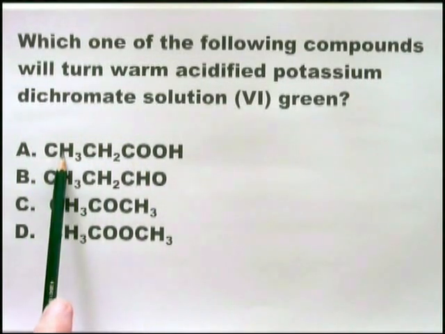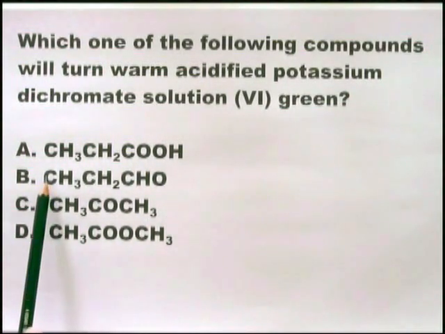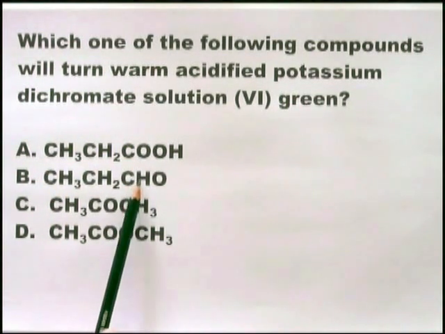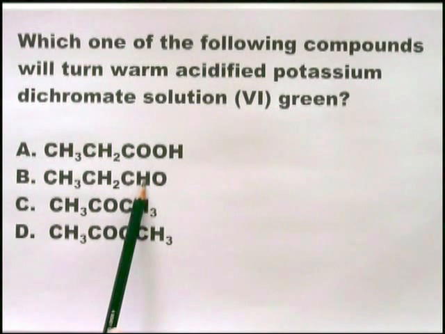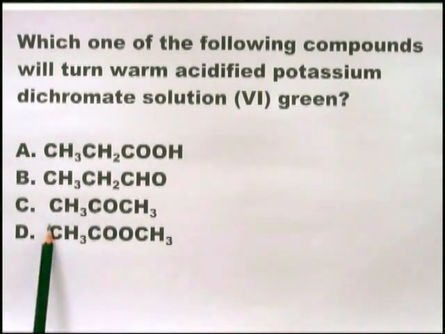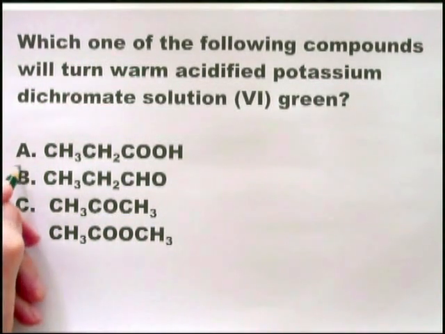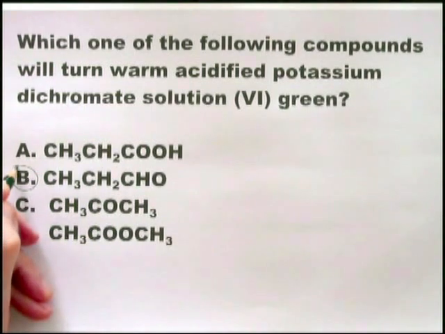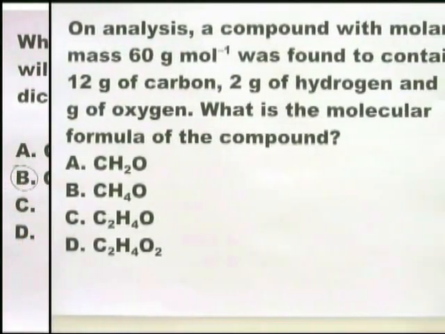It just won't do that. It will oxidize this. This is an aldehyde. It can oxidize that to an acid. It can't oxidize this because this is a ketone, and it can't oxidize this because it's an ester. So the only thing it will oxidize in this list is the aldehyde.